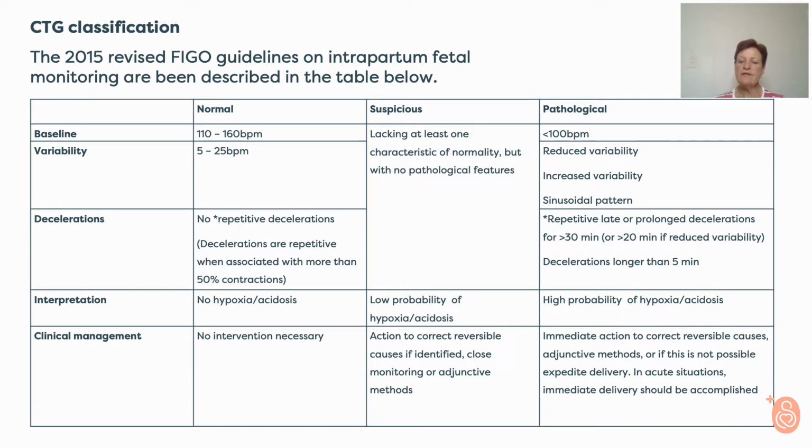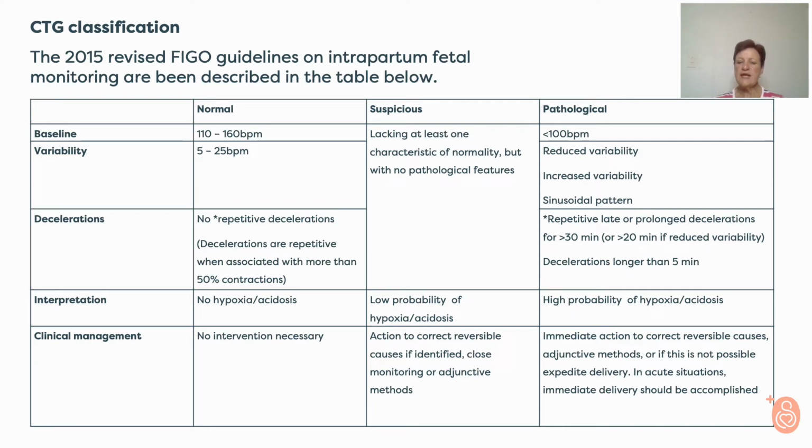And then also very important in the suspicious category is close monitoring to see how the fetal heart rate or any other characteristic reacts to the corrective measures, and see whether it improves or whether it doesn't improve.